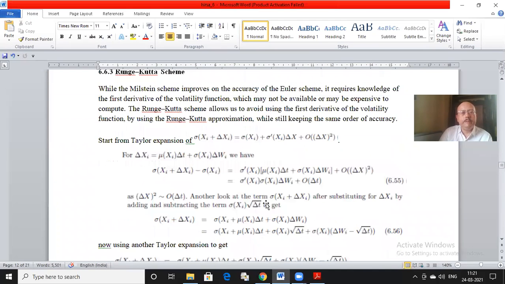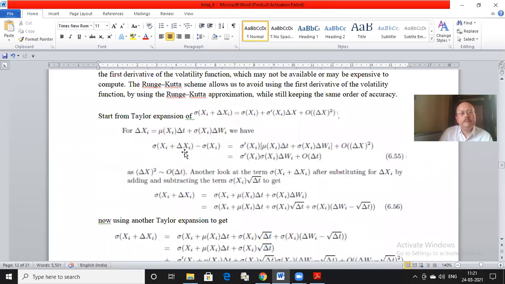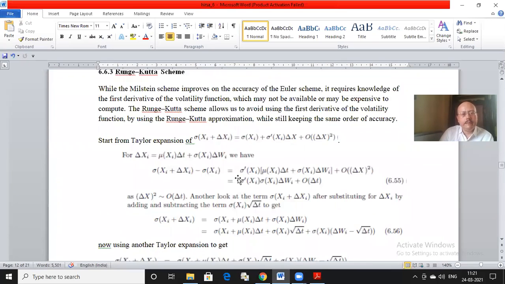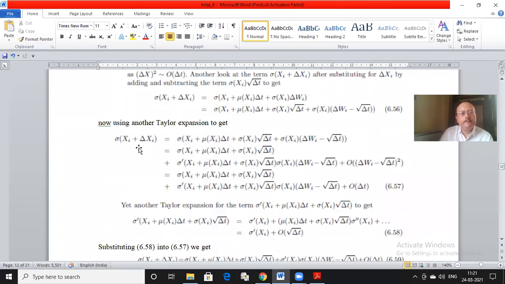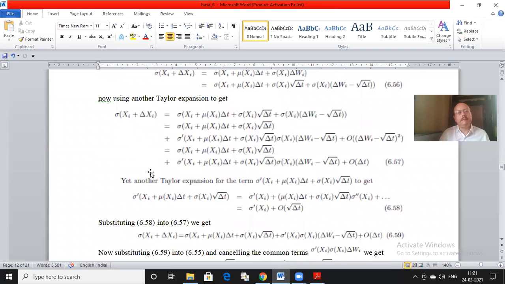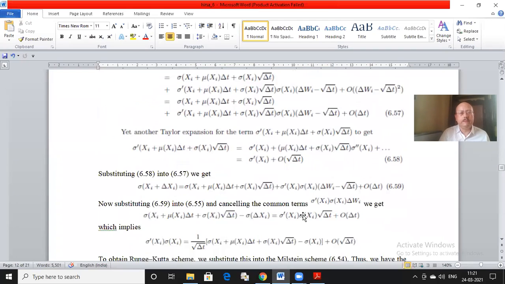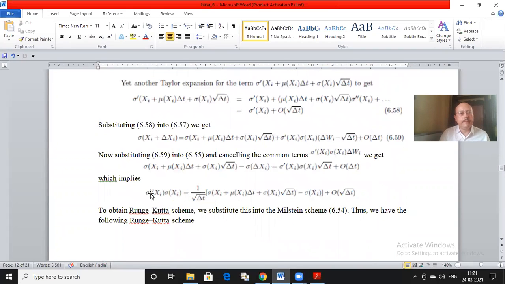So the Runge-Kutta scheme uses the Taylor series expansion for both the original data generating process as well as the volatility function itself. If I use the Taylor series expansion cleverly for the volatility function, we are able to get an approximate expression for sigma prime sigma in terms of only sigma.